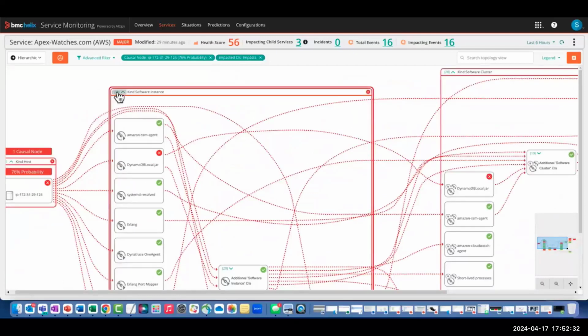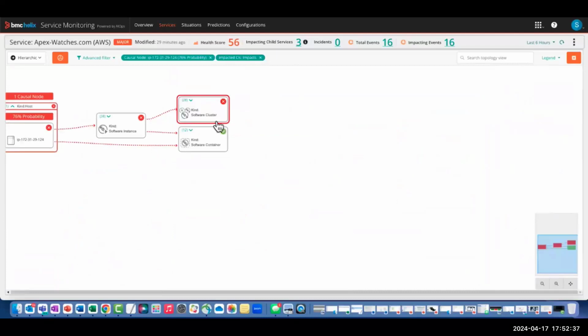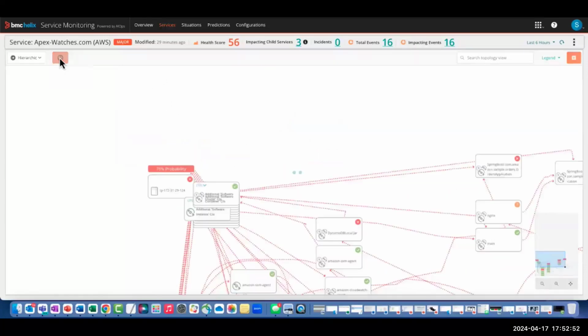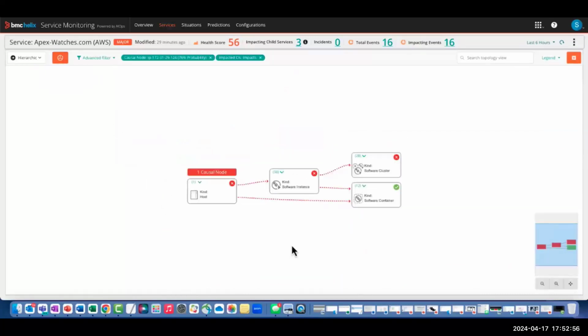So this gives me a view that I can either have an abstracted view that just shows me what the causal node is and what it's affecting. It's affecting a software instance and a software container, a software cluster. I can also see a more general view like this, but I'm more interested in seeing the root cause because I'm here to find a problem and fix it as quickly as possible.